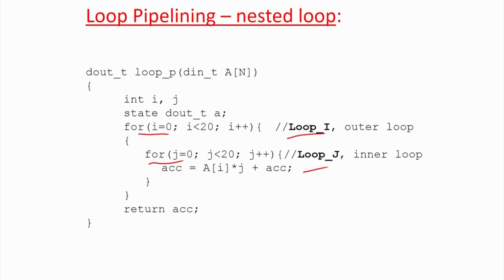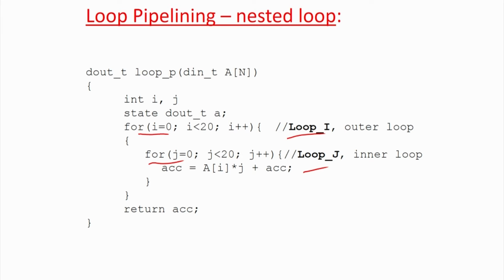If you have a nested loop, how do you choose pipeline, how do you choose unroll, which loop has to be unrolled, which loop is to be pipelined, or should we do both unroll, or both pipeline? These choices will come, and nesting can be even deeper. I just took an example with nested depth of 2.